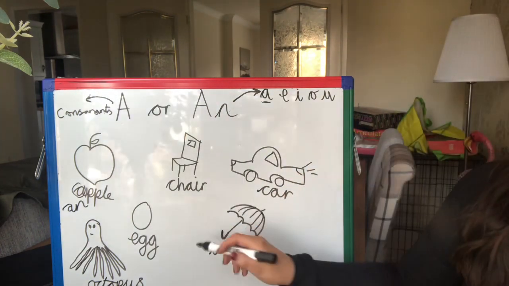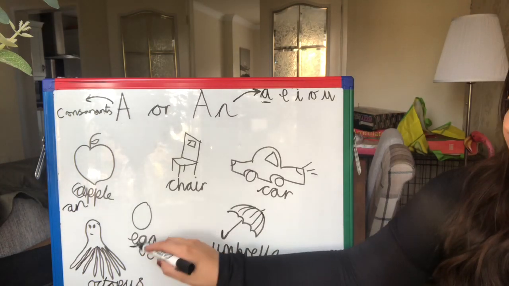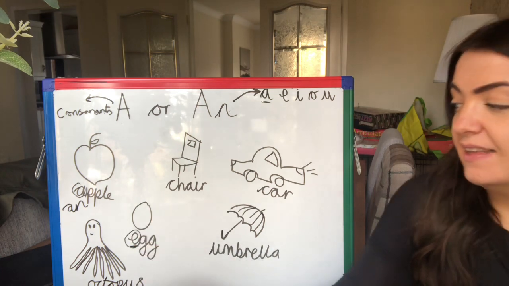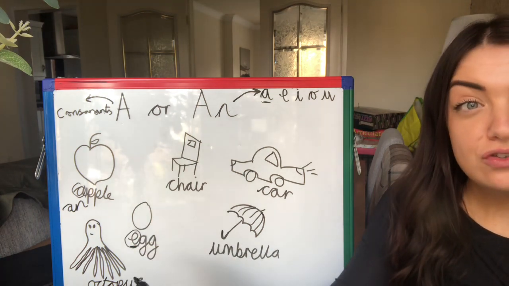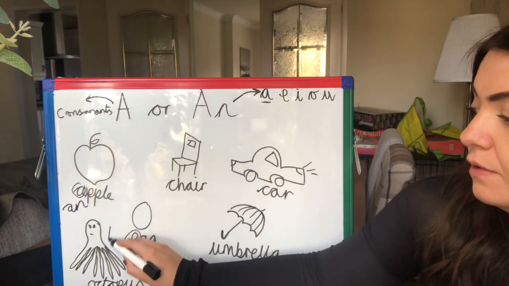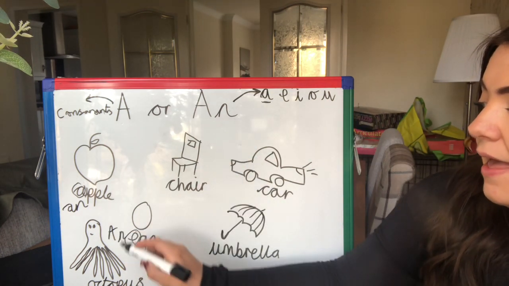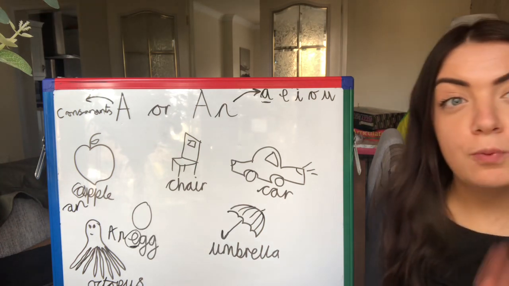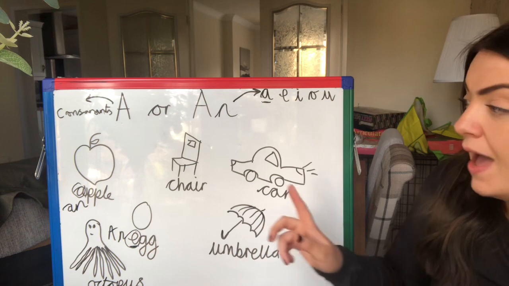I wonder if you can see any more that would also need an rather than a. Hopefully you can all see that I have got an egg, and that has the e sound at the start. So that is telling me that I also have to use an egg because of that vowel at the start. Now what I'd like you to do is just pause the video and have a little go at the rest of them.